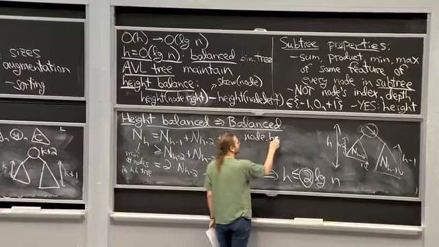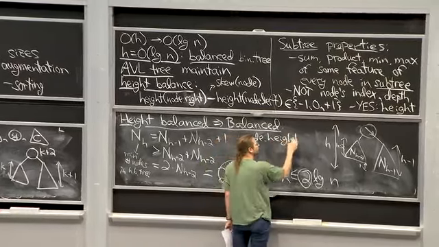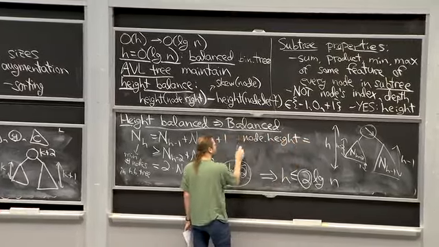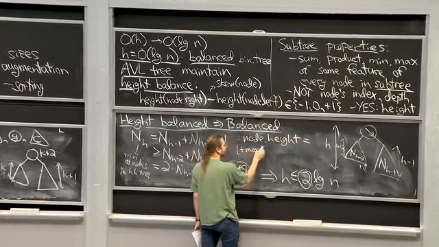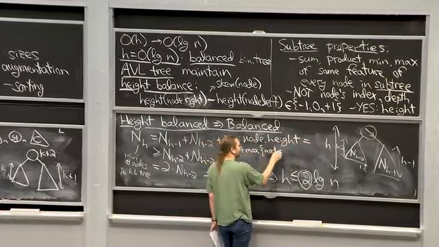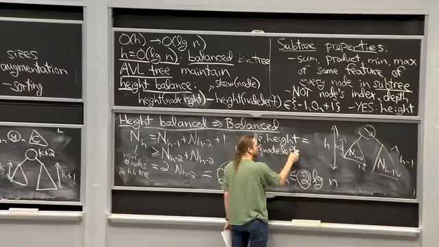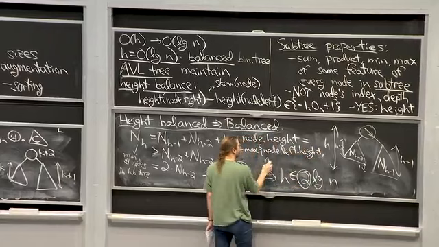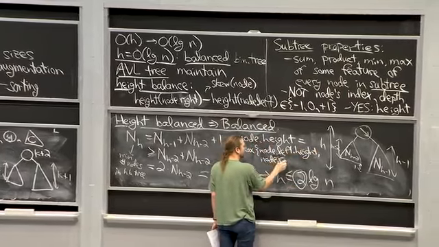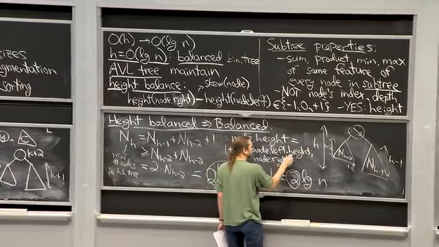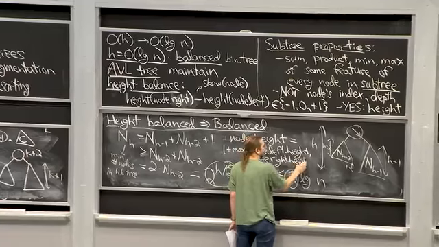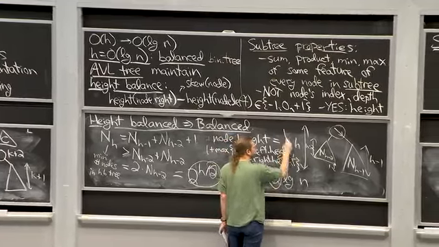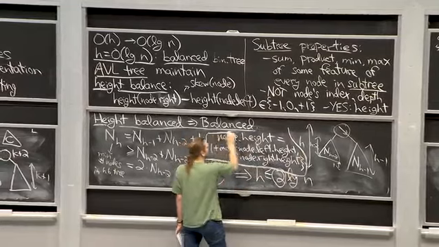Node.height equals 1 plus max of node.left.height and node.right.height. And of max. Let me put this in a box.